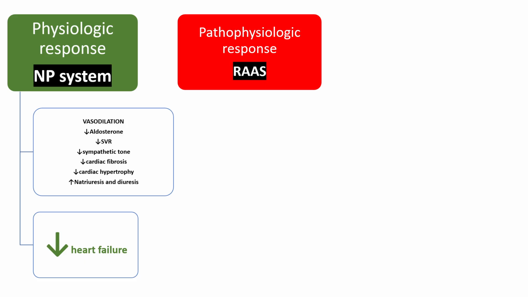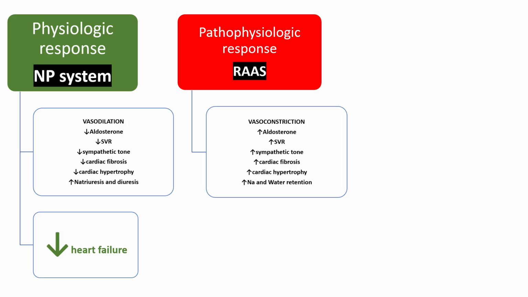This response system causes an increase in aldosterone, in systemic vascular resistance, and in sympathetic tone. The result is vasoconstriction and sodium and water retention. Even though these effects are initially favorable, in the long run, these will worsen heart failure in addition to promoting cardiac fibrosis and cardiac hypertrophy.